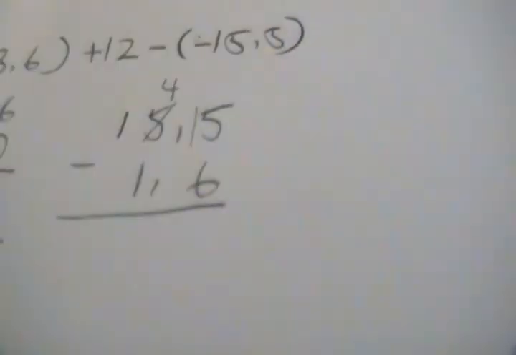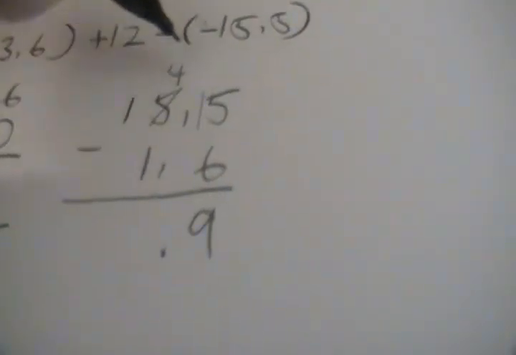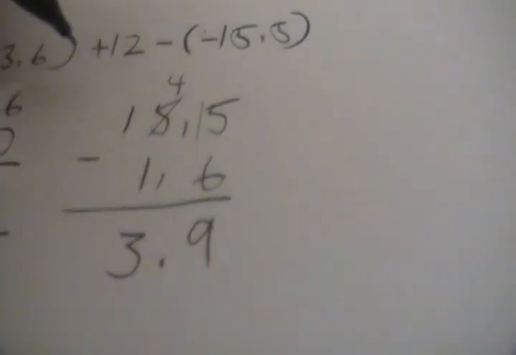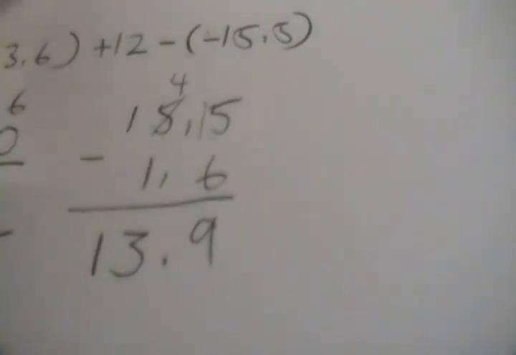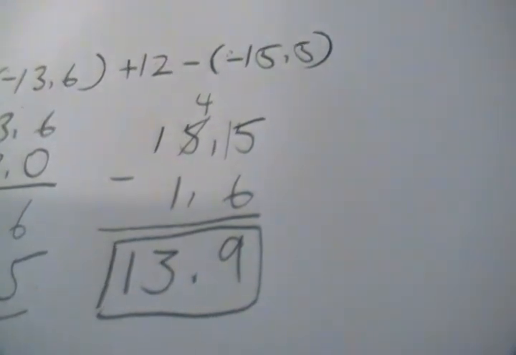So 15 minus 6 is 9. And bring down the decimal point. 4 minus 1 is 3. And then just bring down the 1. So the final answer is 13.9. And sure enough.